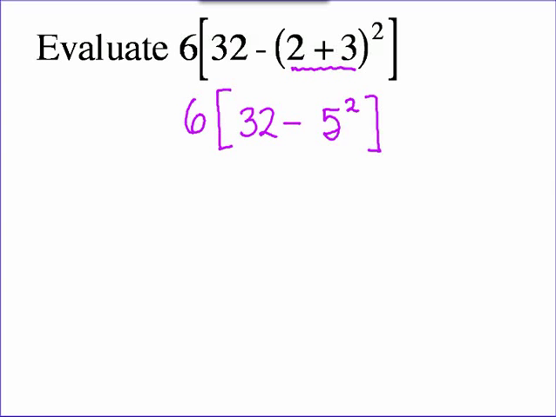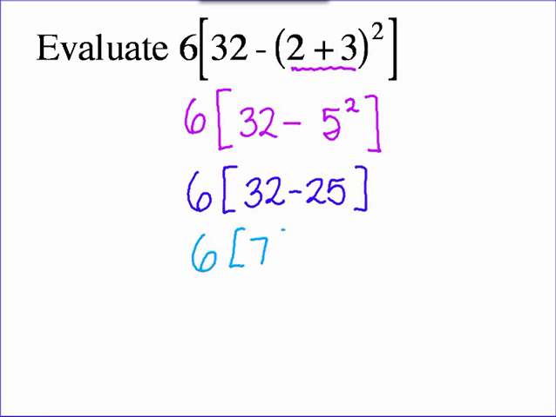What is 5 squared? 25. So I have 32 minus 25. I know that 32 minus 25 is what, folks? 7. So now I'm going to take 6 times 7, which is 42. Very good.